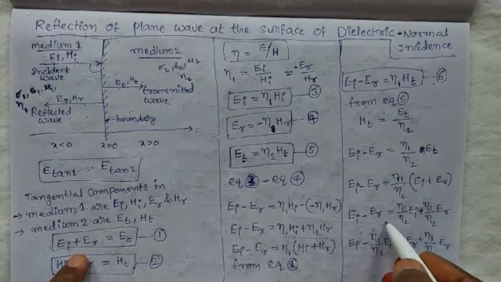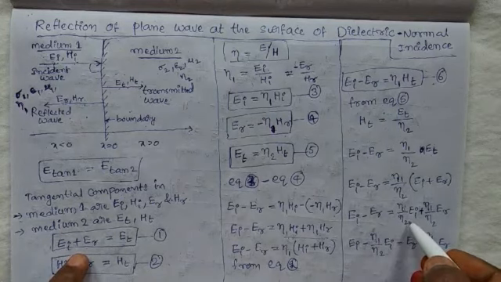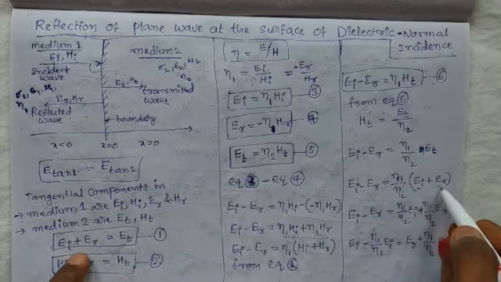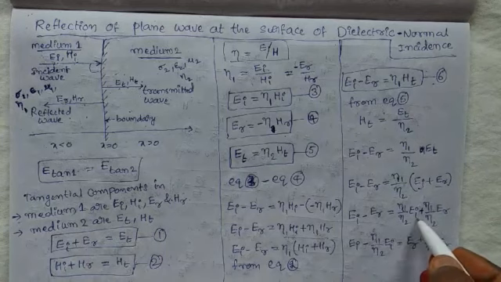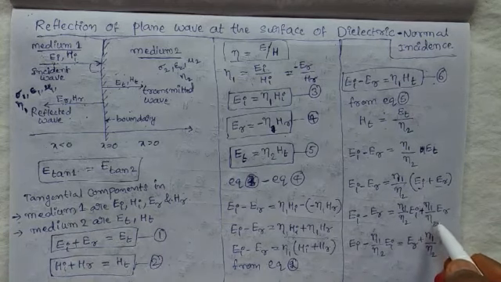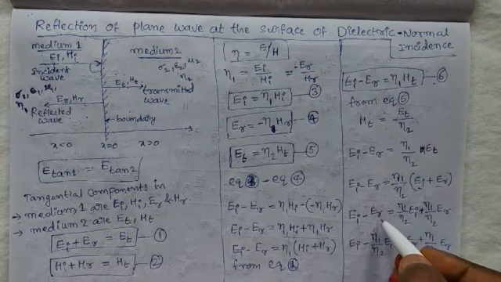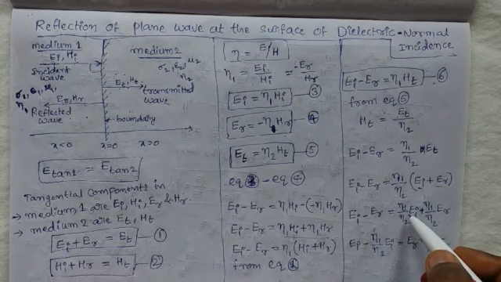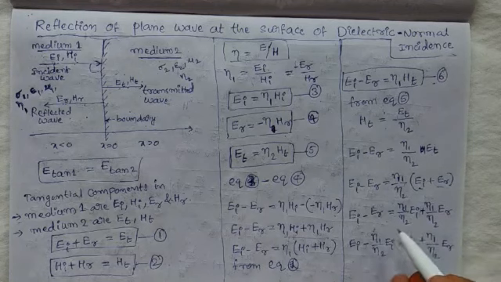EI minus ER is equal to eta 1 by eta 2 multiplied with these two terms: eta 1 by eta 2 into EI plus eta 1 by eta 2 into ER. Now we separate the terms, EI to one side and ER to the other side.